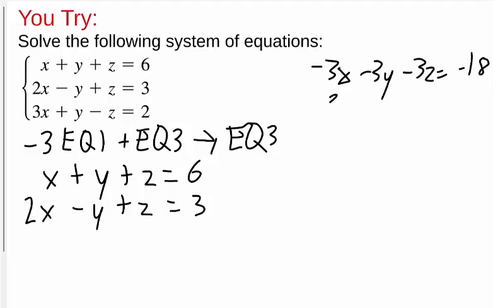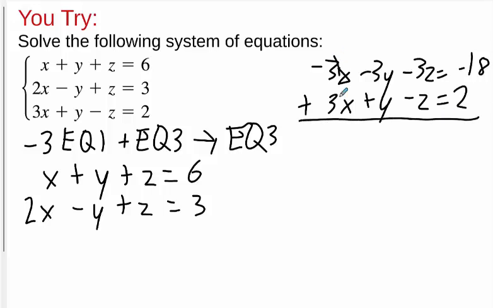And we added that to 3x plus y minus z equals 2. We added those. Those cancel. Negative 3y and y is negative 2y. Negative 3z and negative z is negative 4z.